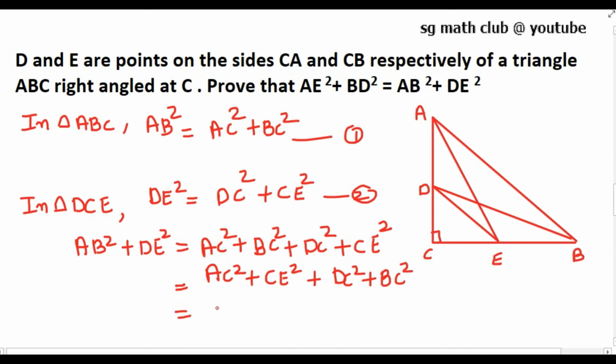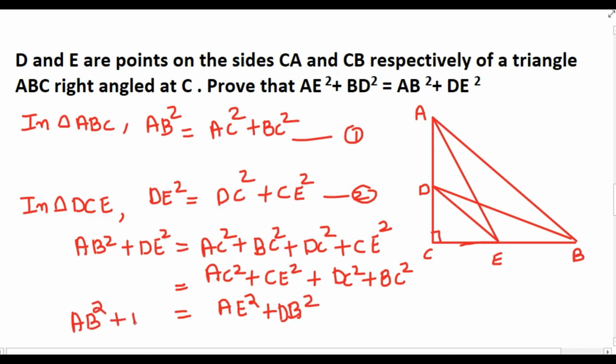Now AC square plus CE square, again it is a right angle triangle, we have AE square. DC square plus BC square is nothing but DB square, which is equal to AB square plus DE square.